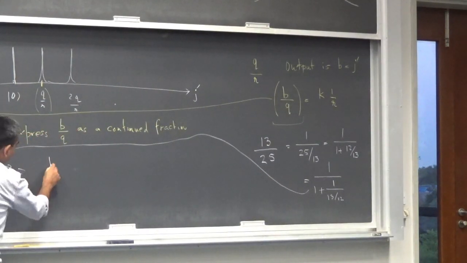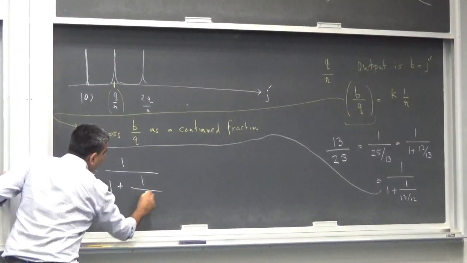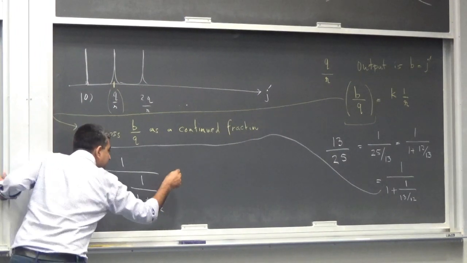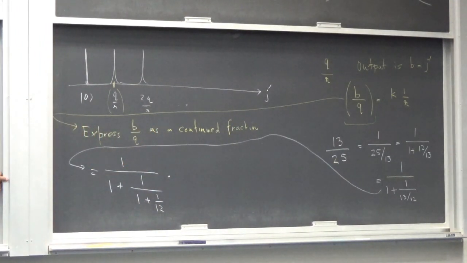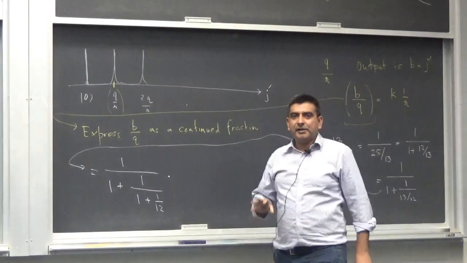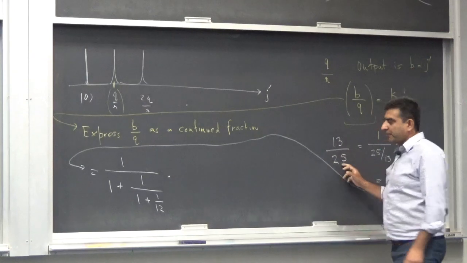So I'm left with 1 over 1 plus 1 over 1 plus 1 over 12. Stop, the algorithm terminates. This is an example of a continued fraction expansion of 13 over 25.